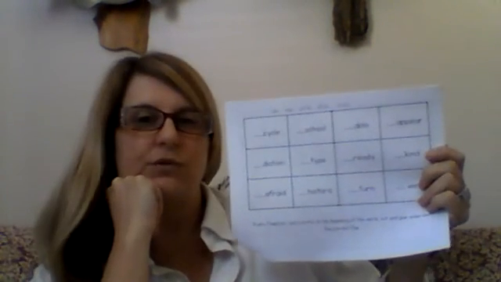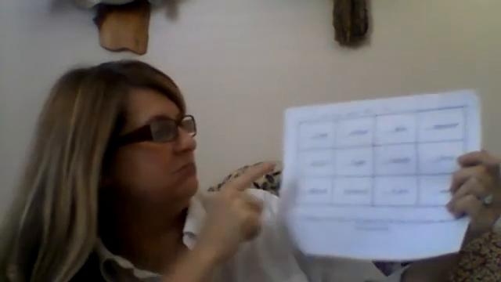Okay, the next one is diction, undiction, rediction, prediction, disdiction, misdiction. Let's go over those one more time.